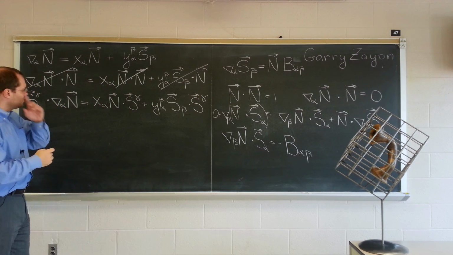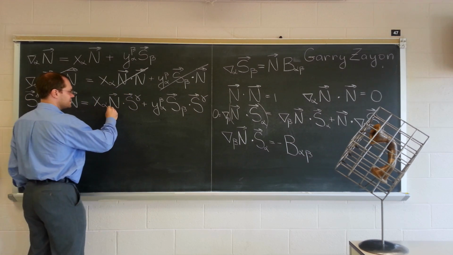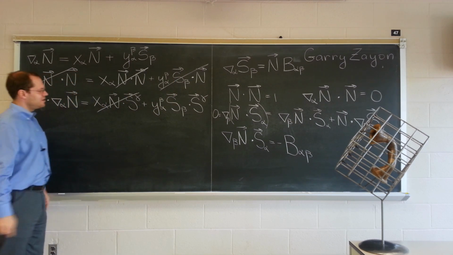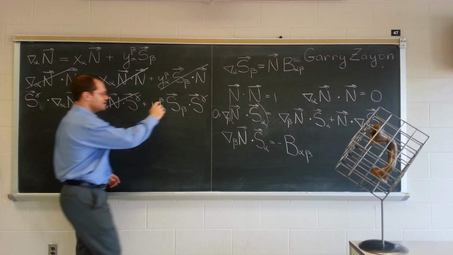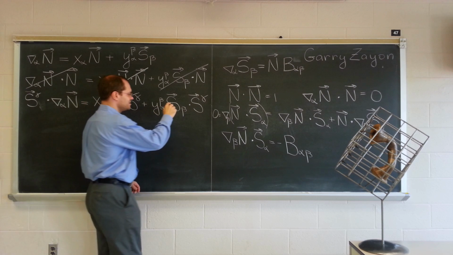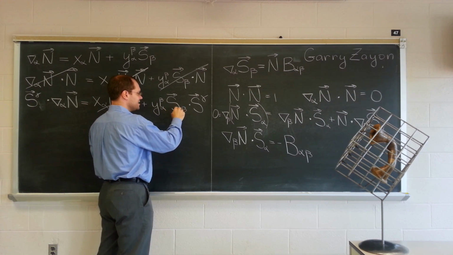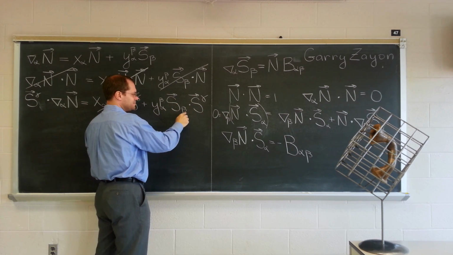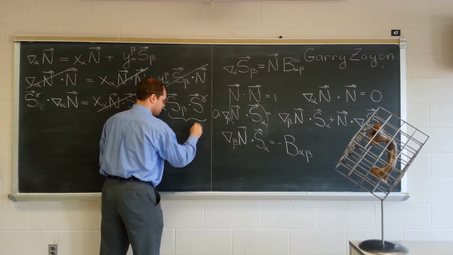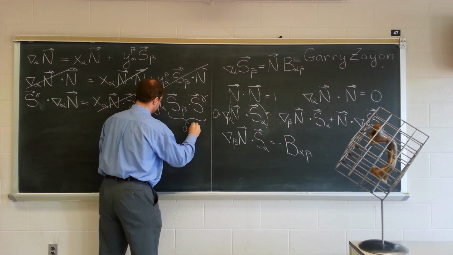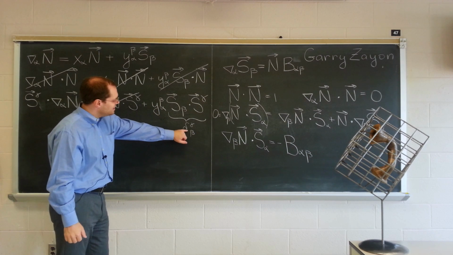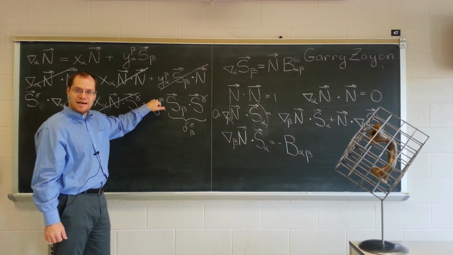All right, let's see what we have here. This is 0 for the same reason as this: the normal is orthogonal to the covariant basis. These are mutually orthonormal, so this is delta gamma beta, the Kronecker delta, which will rename this beta to gamma.